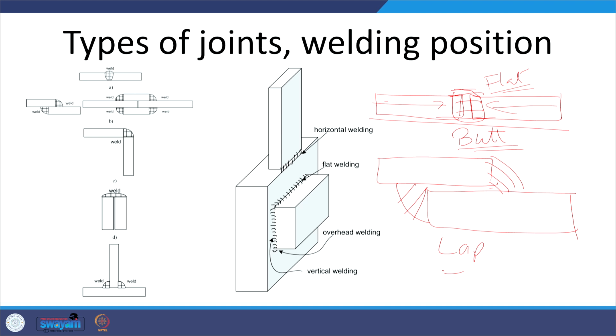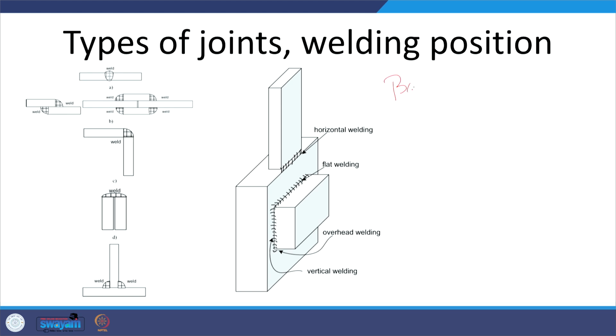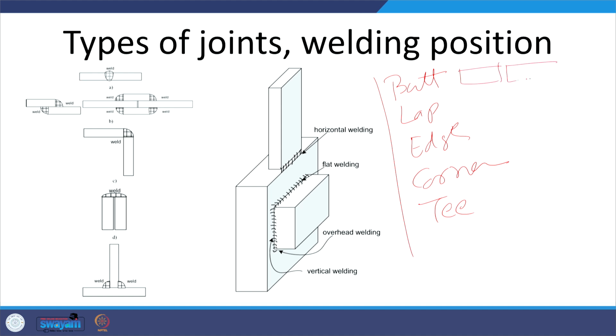Then we have the lap joint when they are placed in overlapping position. The different types of weld joint include the butt joint, lap joint, edge joint, corner joint and T joint. When the plates are placed in abutting position like this, aligned with each other, it is called a butt joint.